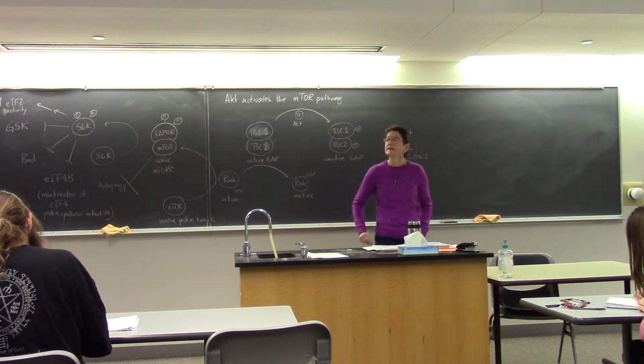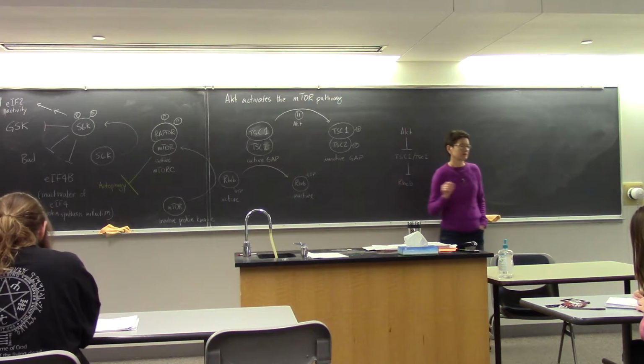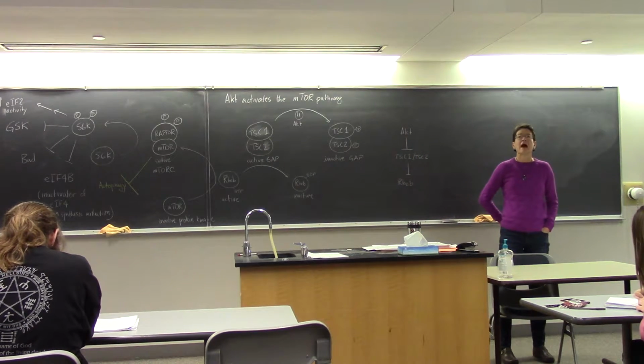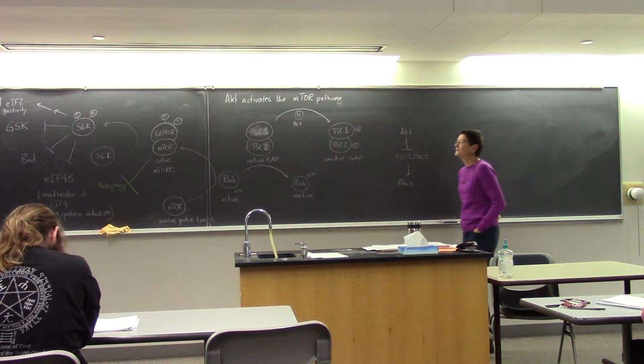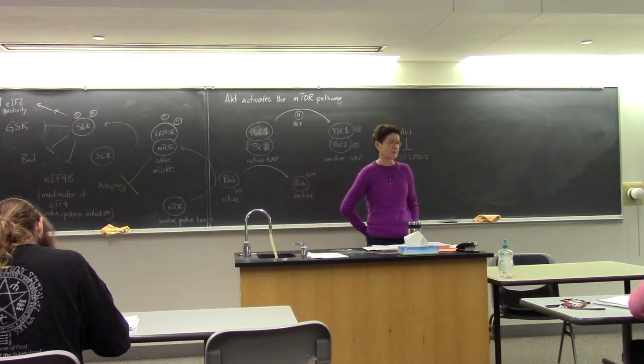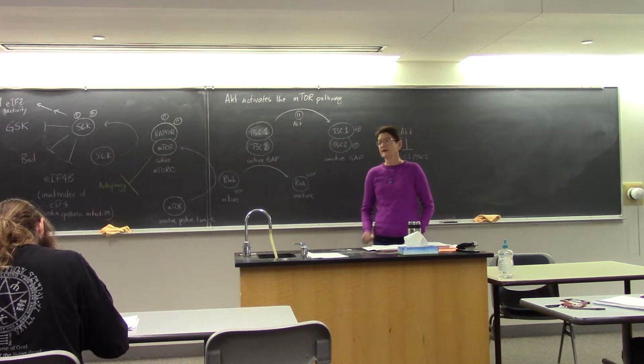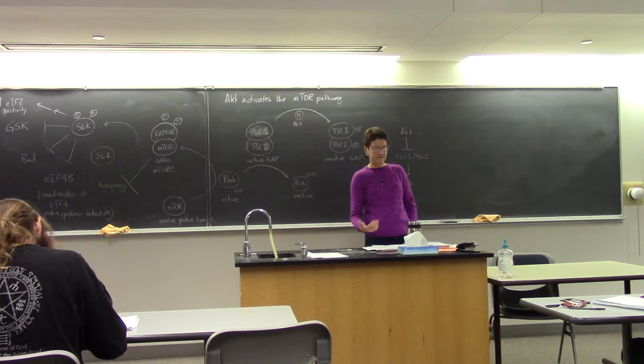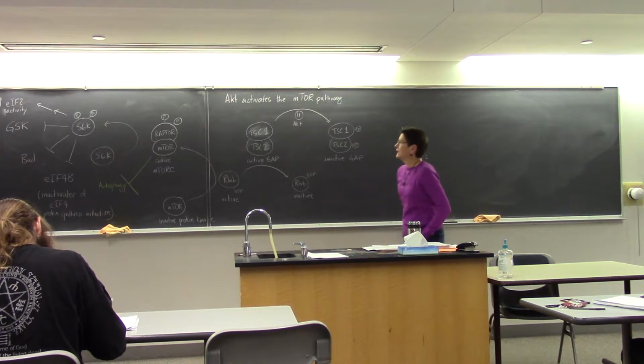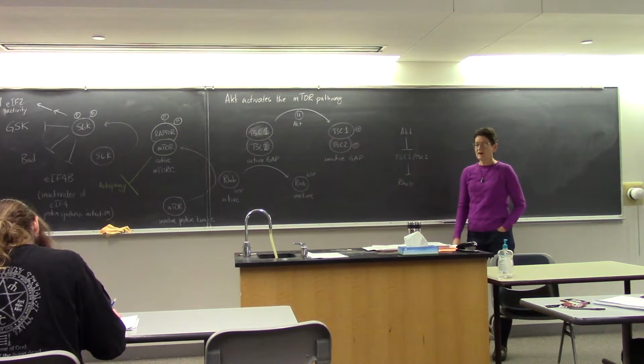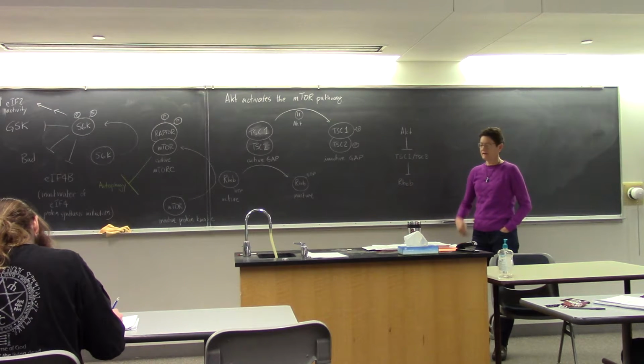So if a cell happens to be hungry, not enough amino acids in the nutrients, somebody who is not consuming enough, it could be my cells downstairs that I feed so infrequently. There are just not enough amino acids coming in, not enough other kinds of nutrients.